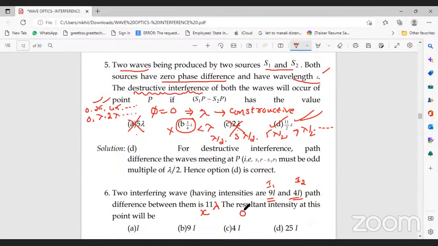You know the relation between phase difference and path difference? Phase difference is equal to 2 pi by lambda into path difference.